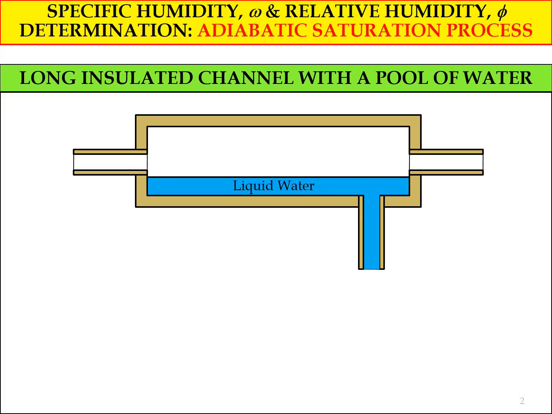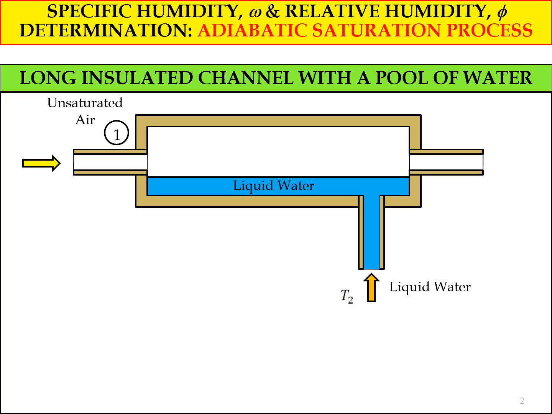Inside the channel, we will have a pool of water, where we have an additional liquid water piping line in order to maintain the level of liquid water inside the channel. The temperature of the liquid water will be at T2. We have the first condition at the inlet of the channel, state number 1, and the condition of the air is unsaturated air.